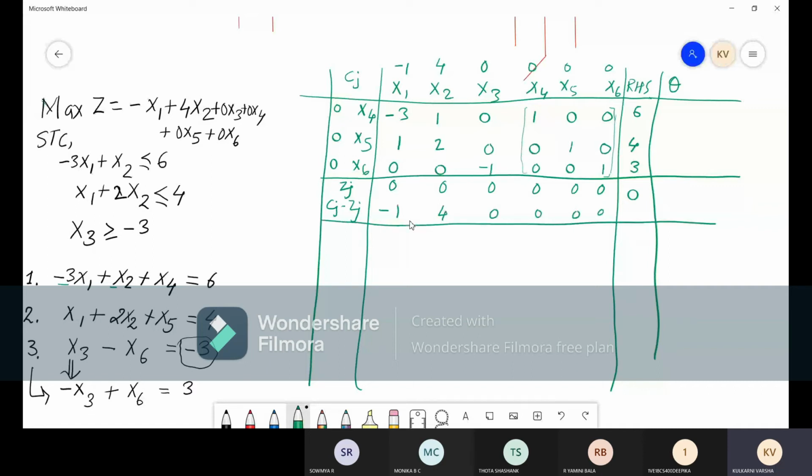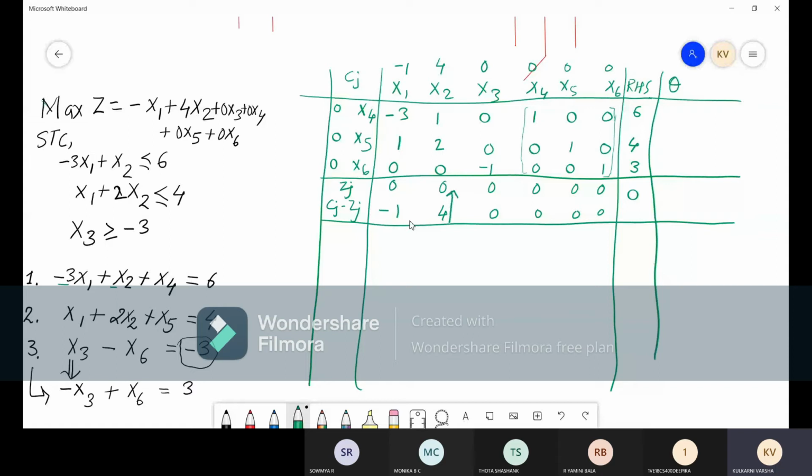Now we'll decide which variable will be entering in the next iteration. Among minus 1, 4 and all zeros, only the 4 is positive and the maximum one. So in the next iteration, x2 is entering.